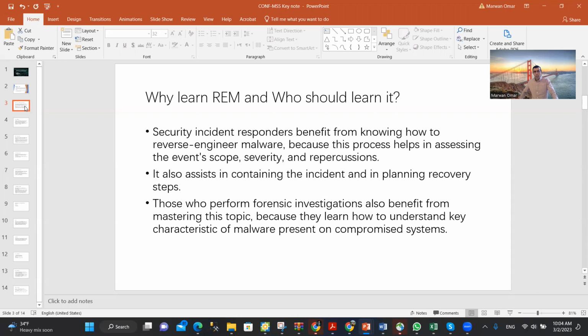Those who perform forensic investigations could also benefit from mastering this topic, reverse engineering malware, because they learn how to understand the key characteristics of malware that could be present on compromised systems.